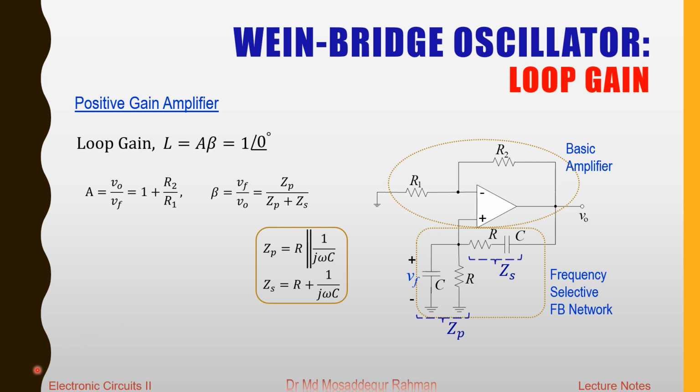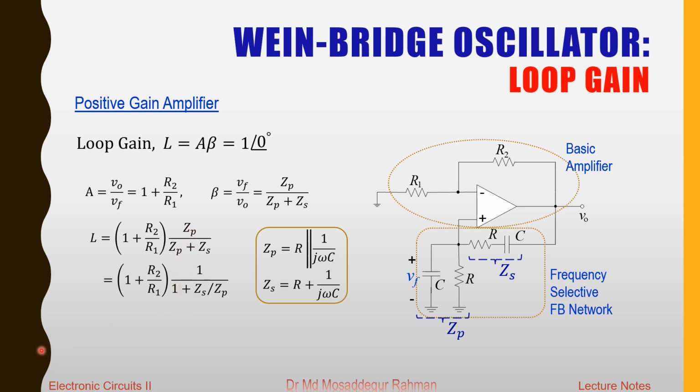Now multiplying these two, we get the loop gain for this oscillator circuit. The first term here is the gain of the basic amplifier, and the second term is the feedback factor beta, which we can simplify like this, dividing both the numerator and the denominator by Zp.